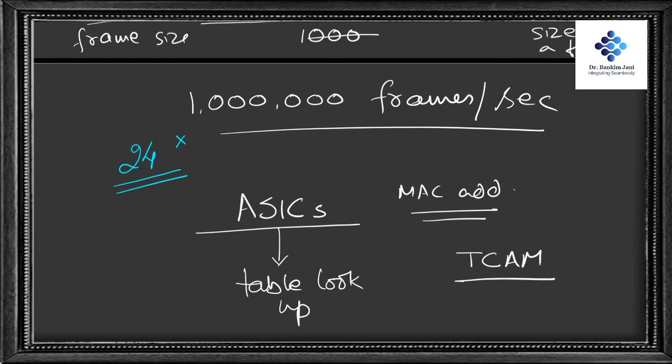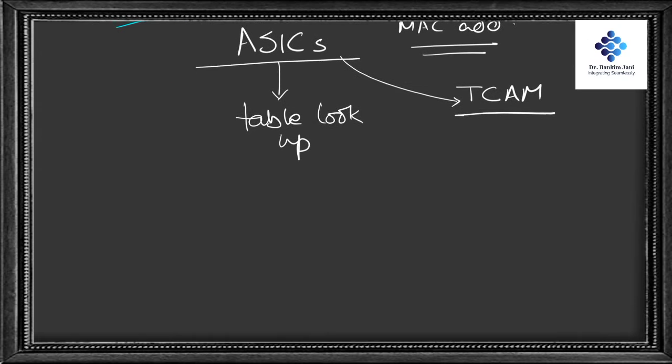This memory is much faster. So what ASICs does is it will send this data to TCAM. Instead of reading from the table lookup, it is like you are deploying someone for your work, right? And this TCAM would feed the results directly, and thus the speed would be increased. This is very similar to how we have a CPU, but then we also have a GPU, graphic processing unit.